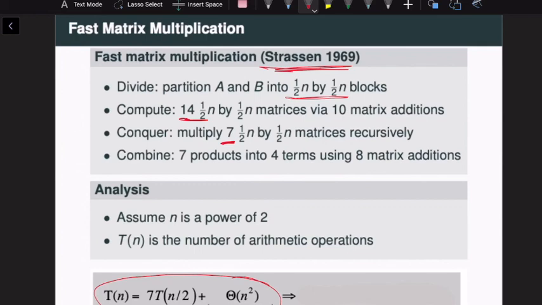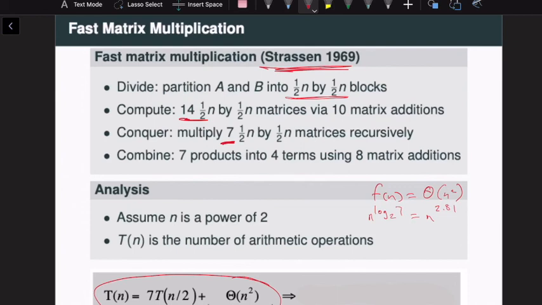And because we have that recursion, we can use our master theorem. Again, what we have to compare is f of n, which is theta of n squared, against n to the log base 2 of 7, which turns out to be n to the 2.81.